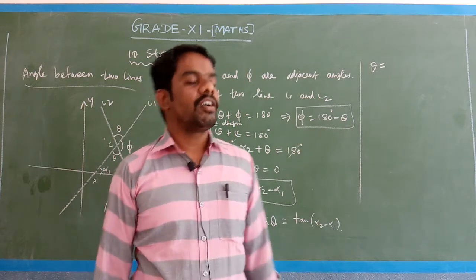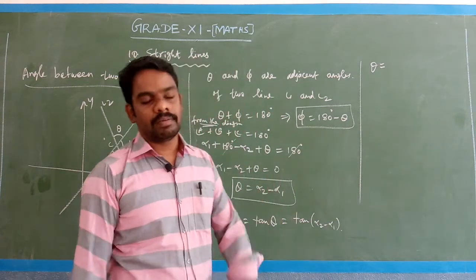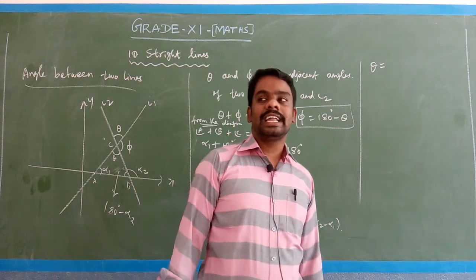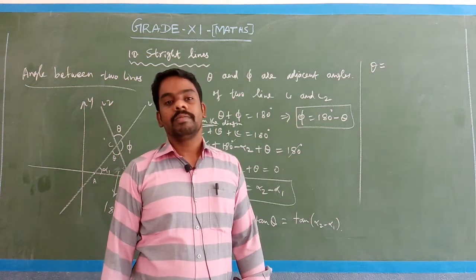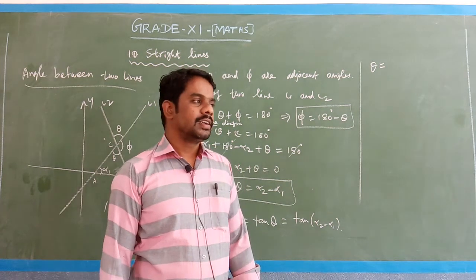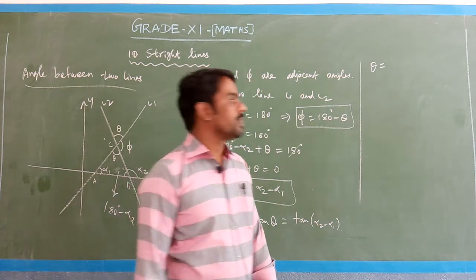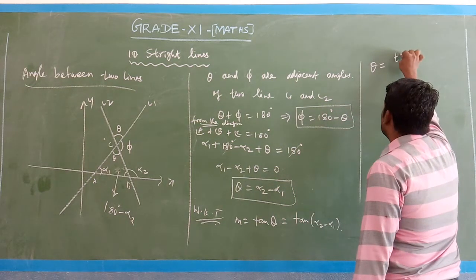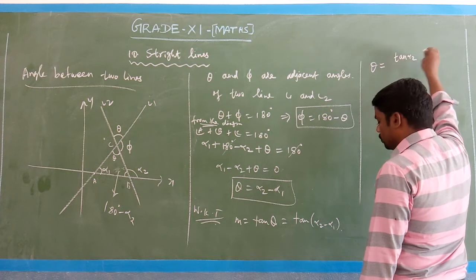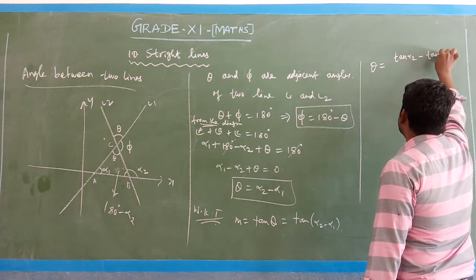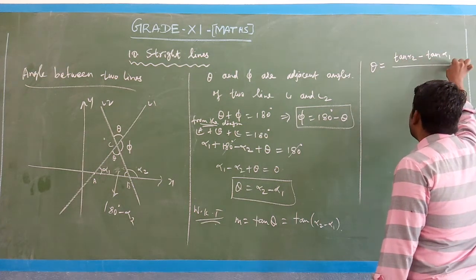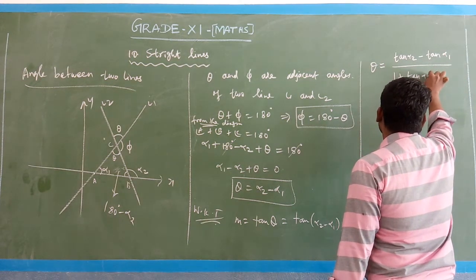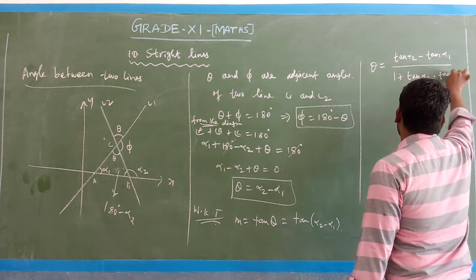We know the formula tan of A minus B is equal to tan A minus tan B divided by 1 plus tan A tan B. Here tan of alpha 2 minus alpha 1 is tan alpha 2 minus tan alpha 1 divided by 1 plus tan alpha 2 into tan alpha 1.